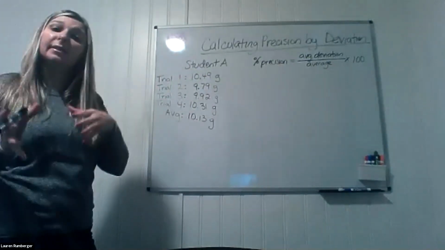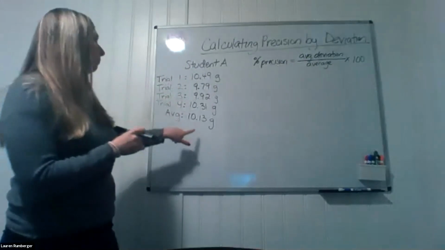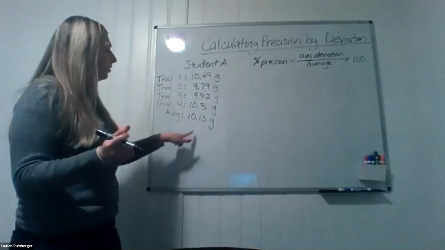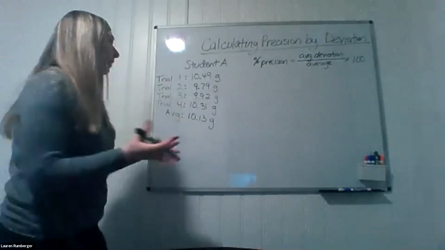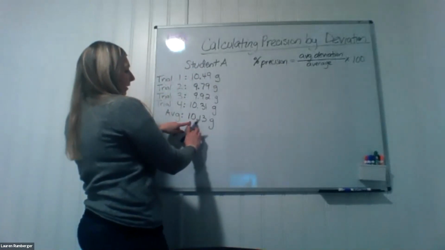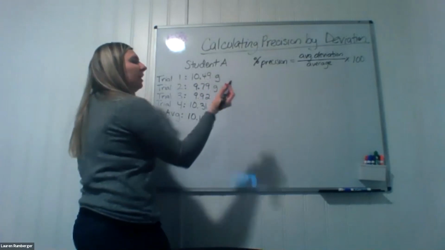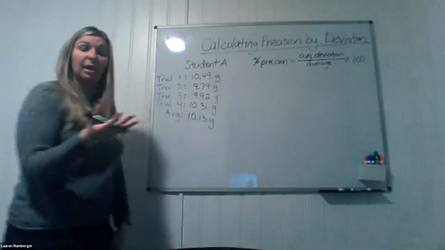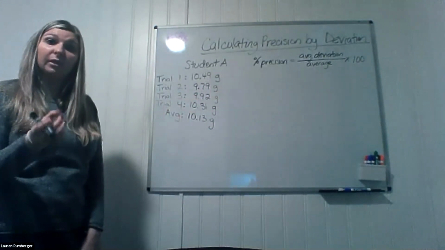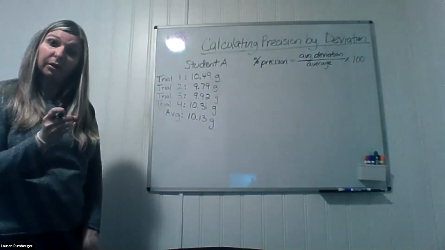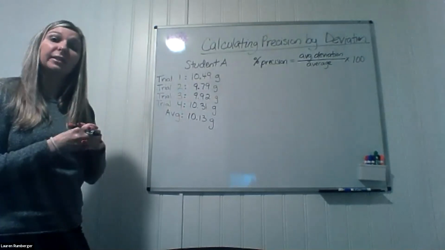That's going to be the deviation from the average. So what we're going to do is take the average minus your measurement and take the absolute value. By taking the absolute value, this gives you a positive value for your deviation.